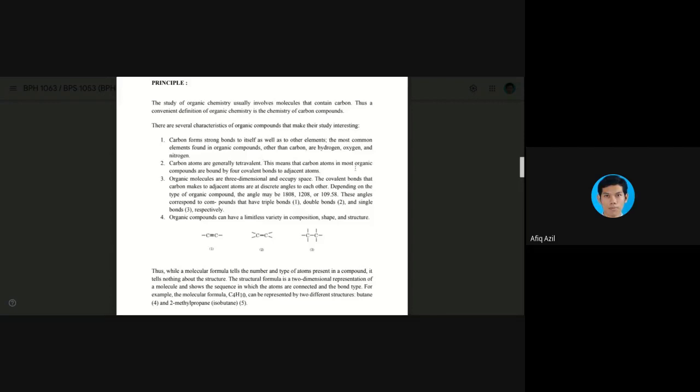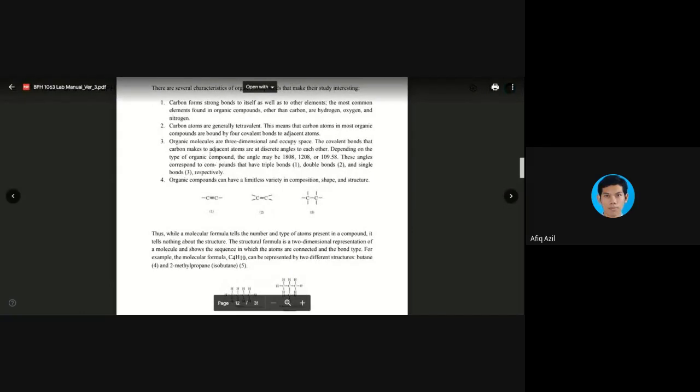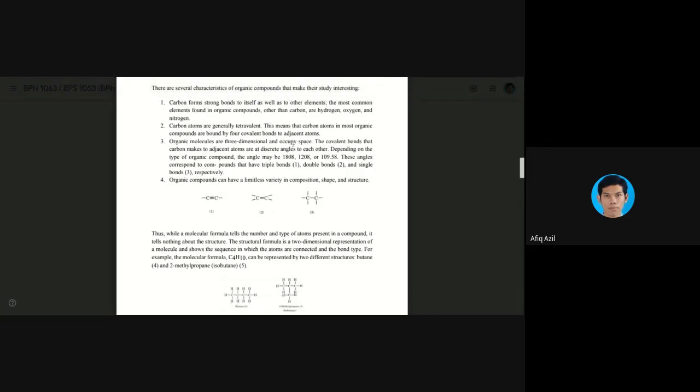Carbon can form a maximum of 4 covalent bonds with other carbons, hydrogen, or other heteroatoms like oxygen, nitrogen, sulfur, or halogen as well. So they are tetravalent, and these organic molecules occupy a three-dimensional space.